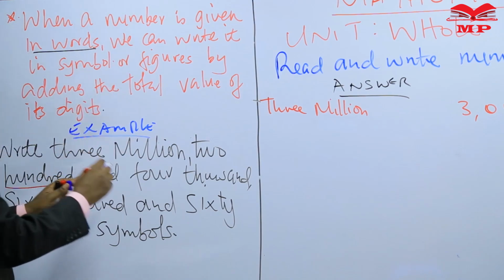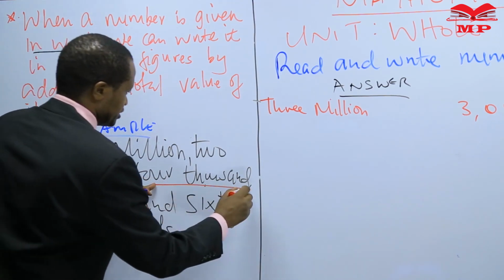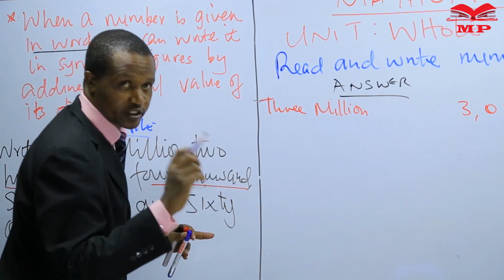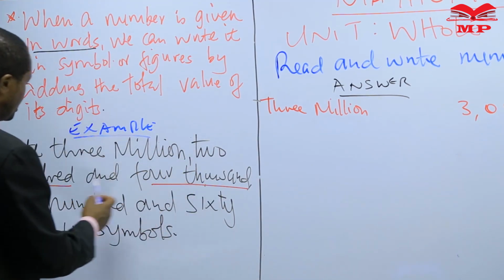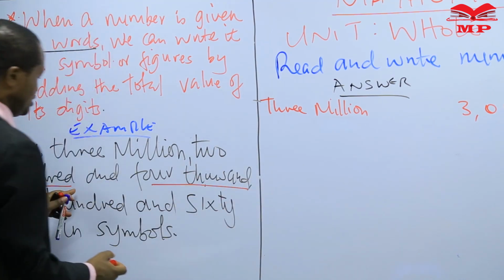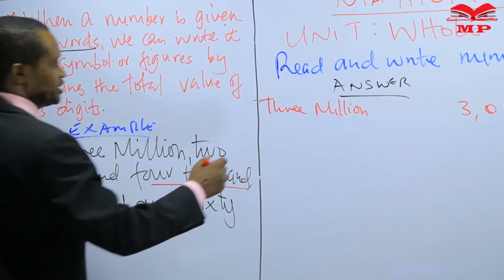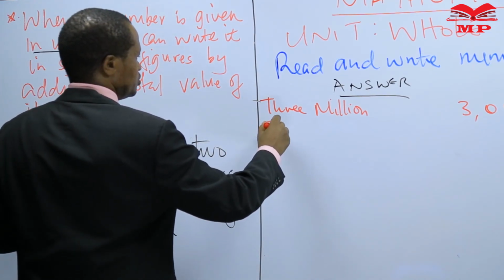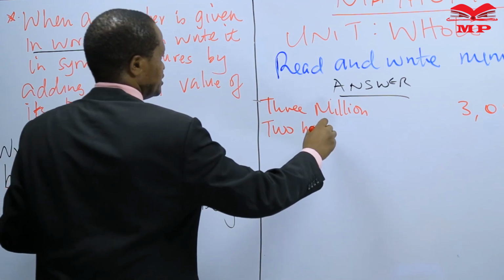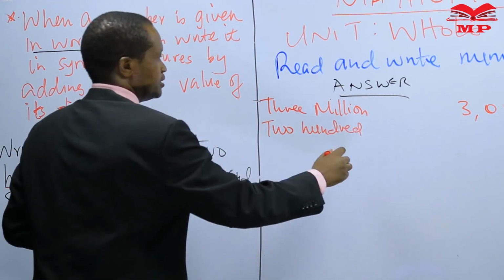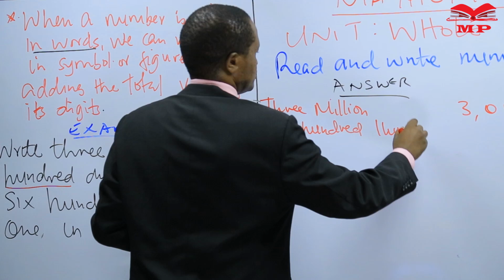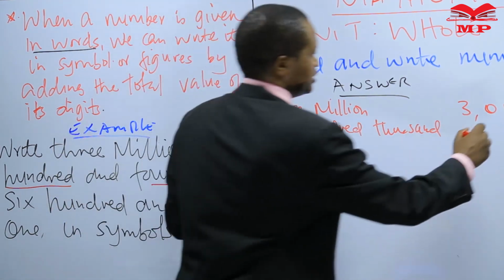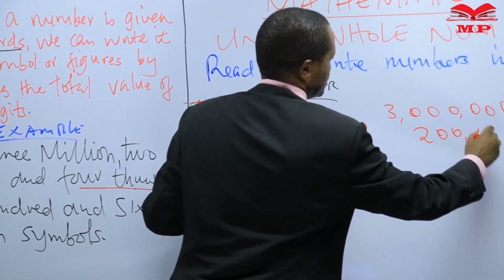Then again we have 4,000. I want to be very careful here. The total value, we write it as first 200,000, which is written as 200,000.